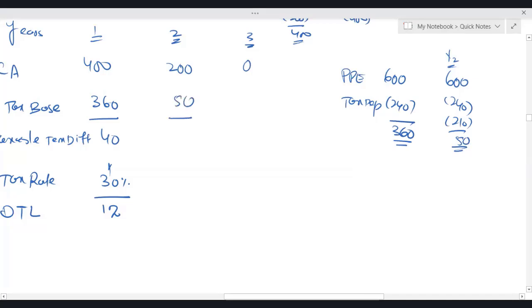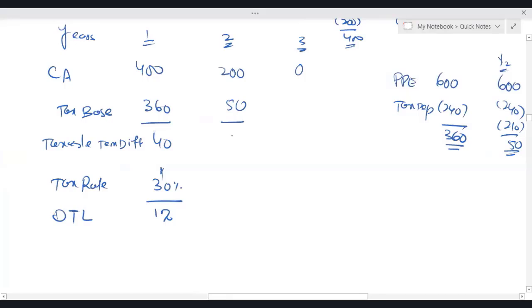Again, carrying amount is more than the tax base, so there's a taxable difference of 150. 150 multiplied by 30% gives you the deferred tax liability.